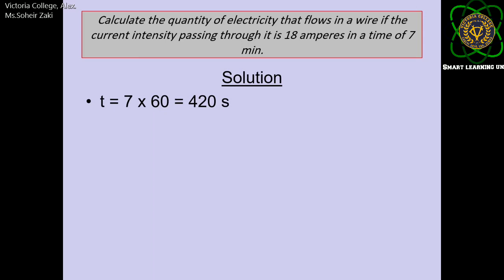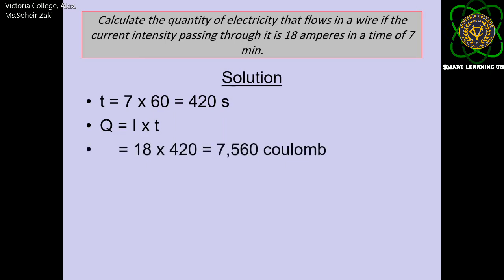The first step, converting the time from minutes to seconds, so we have 420 seconds. The rule that we will use is Q equals I times T, 18 times 420, so we have the quantity of electricity equals 7,560 coulombs.